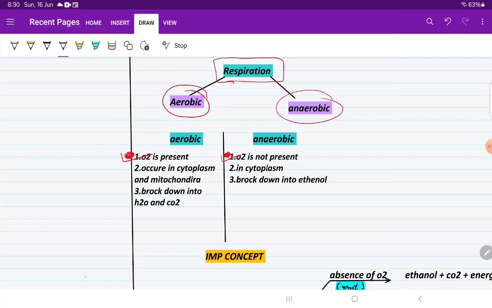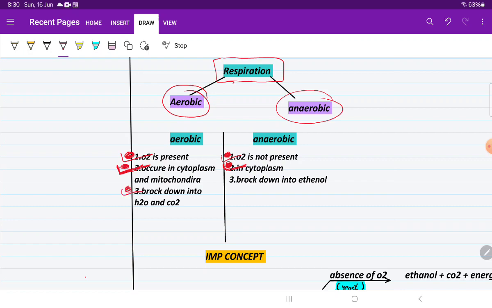Okay, now aerobic occurs in cytoplasm and mitochondria. And anaerobic occurs only and only in cytoplasm. Not take place in mitochondria.